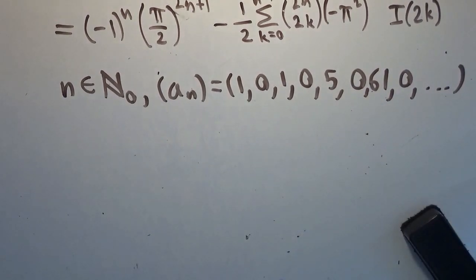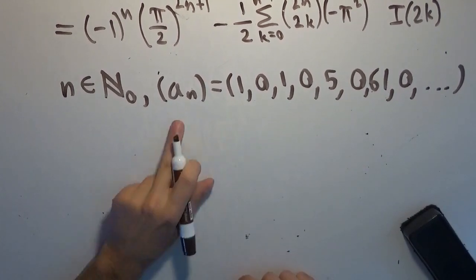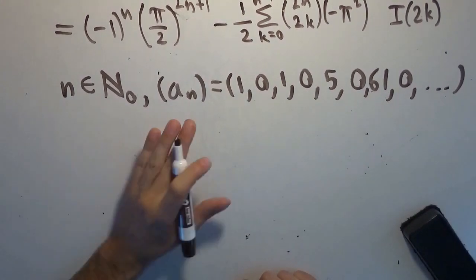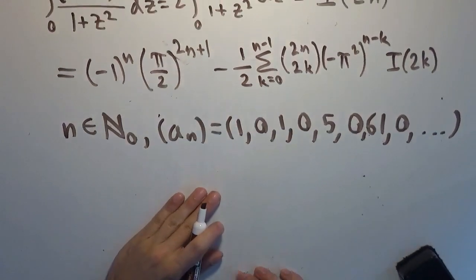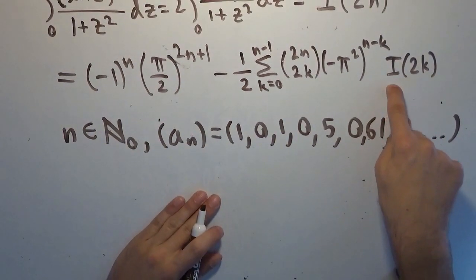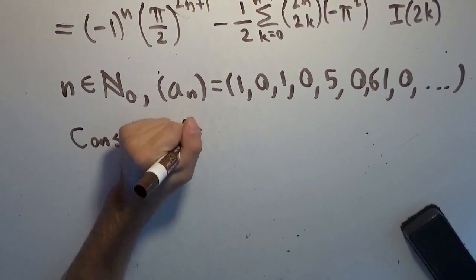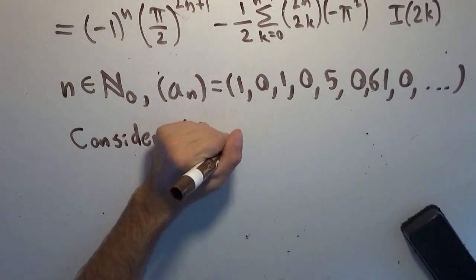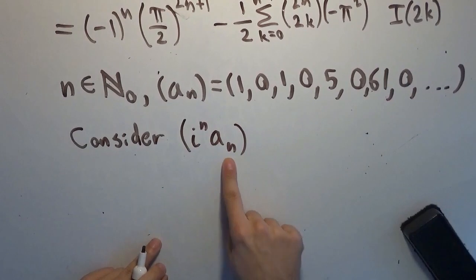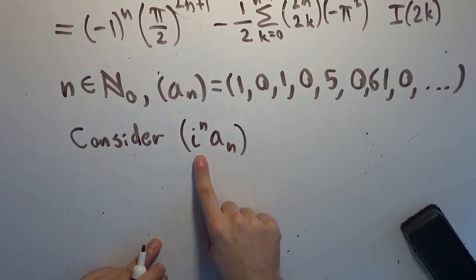There are infinitely many of these, because you can raise the natural logarithm to whatever integer power you want. And so we're going to do a slight alteration of this sequence. We're going to multiply a_n times i to the power of n. And I don't mean I in the sense of this capital I, I mean i as in the square root of -1. So we're going to consider the sequence i to the power of n times a_n, simply taking whichever term it is and multiplying it by i to that same power.